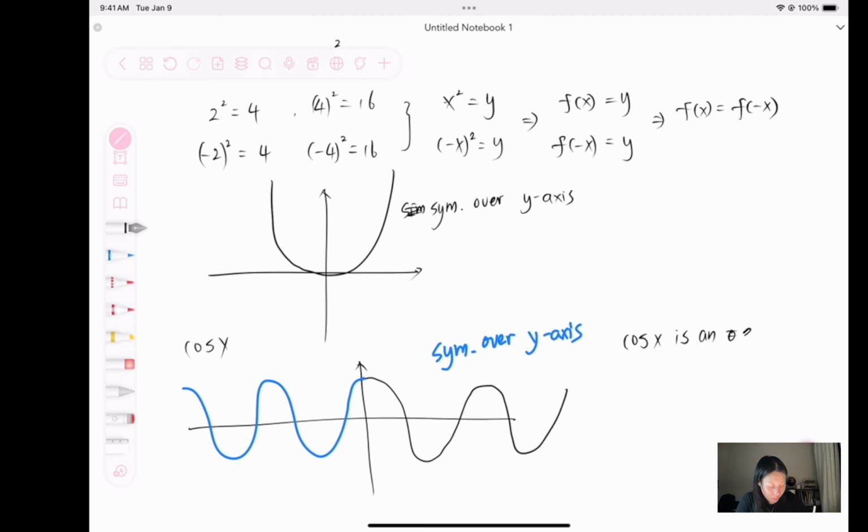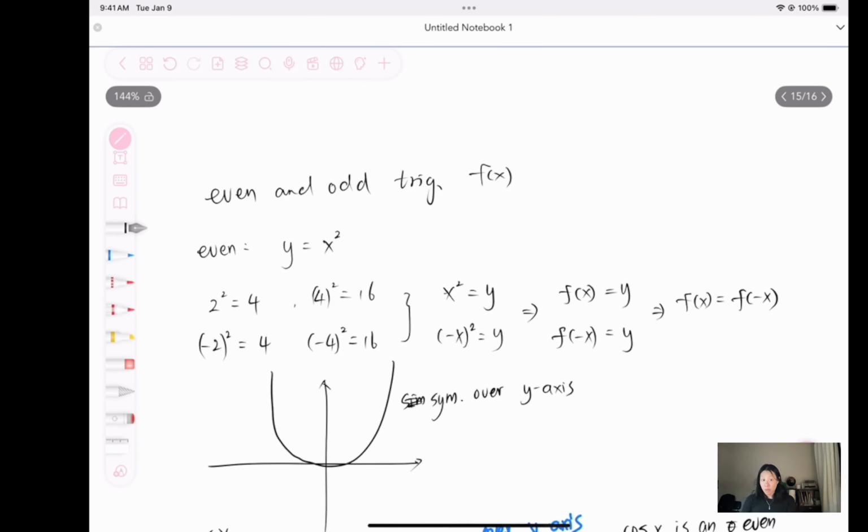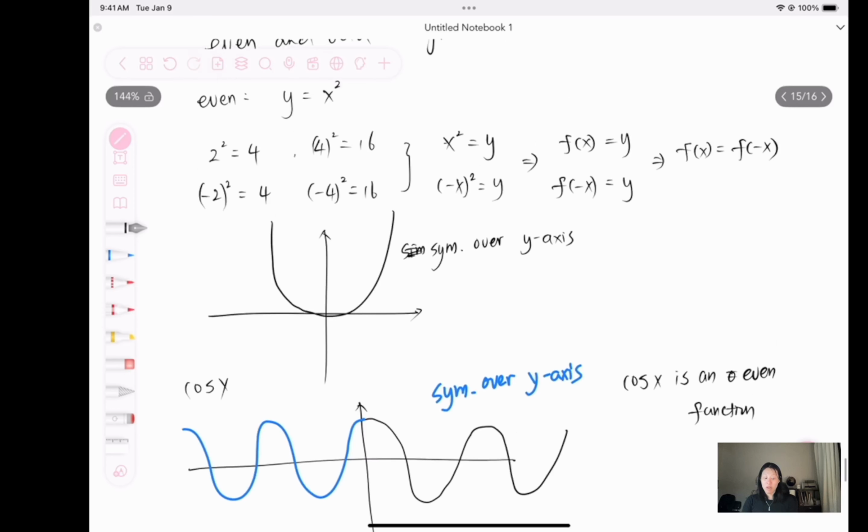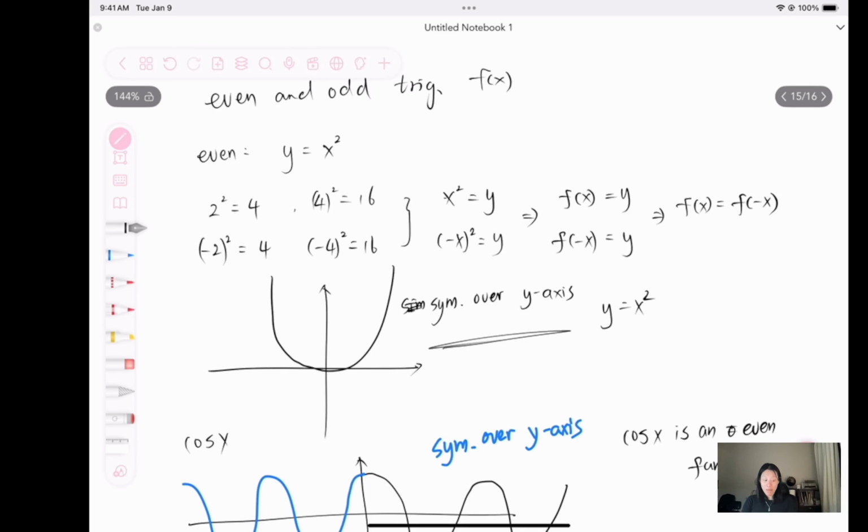Oh no, sorry, even function. Similar to y equals x squared. That's the way that I remember. I remember the graph of a cosine function is symmetric over the y-axis, similar to the graph of y equals x squared, the quadratic function, the parabola. And I know that quadratic function is an even function because we just proved it.